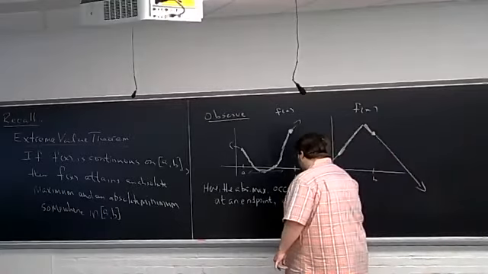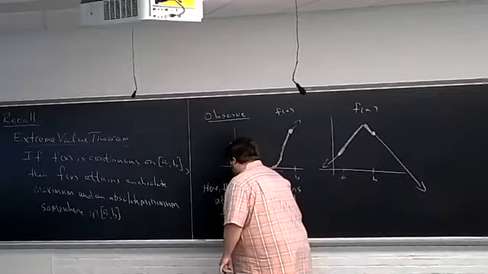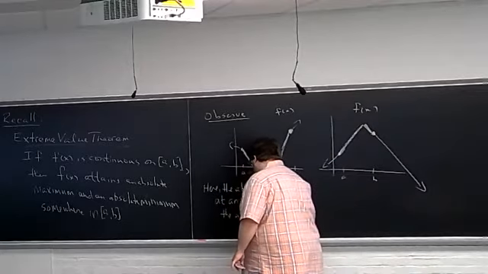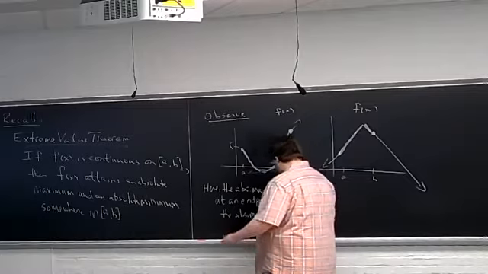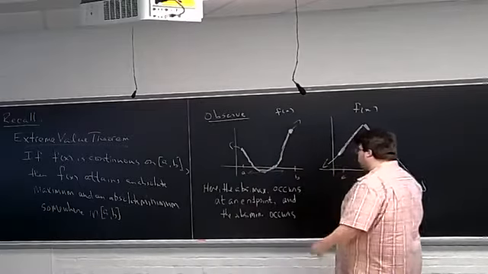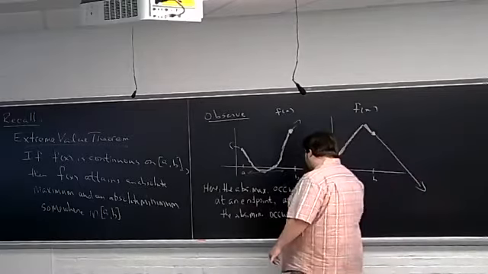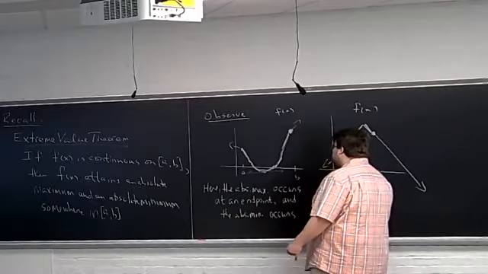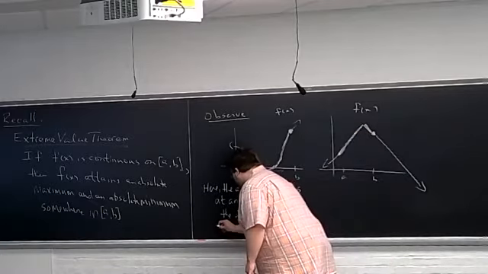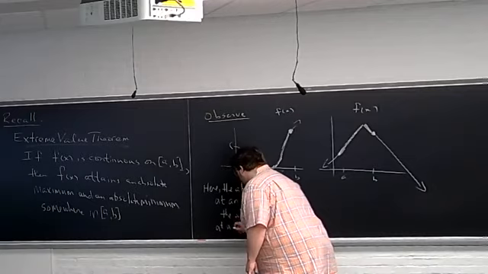So the absolute minimum occurs at a point where the derivative is 0.